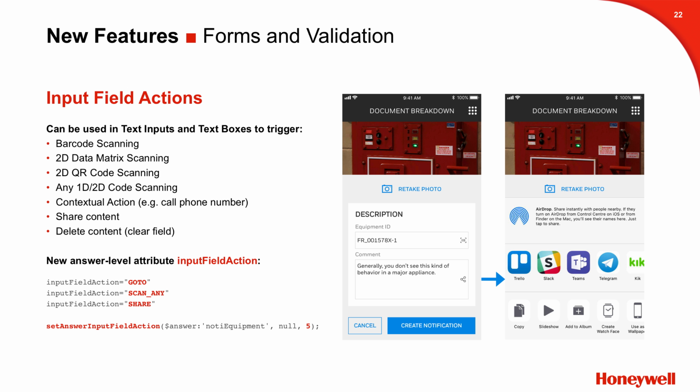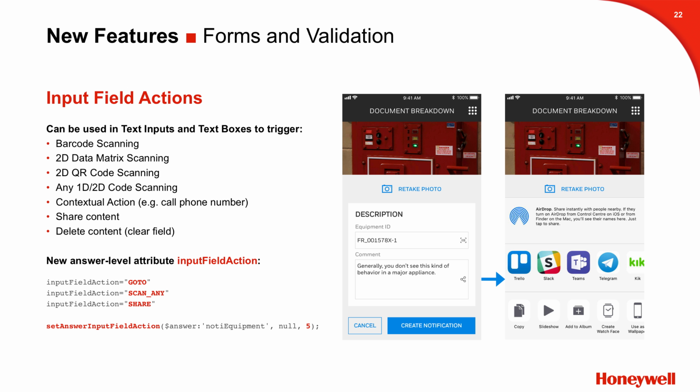For the comment box, we chose the share content action, which just allows the user to share the content in the box using the native OS UI. In this case, iOS would bring up the overlay that you see on the right and will allow your users to share that text to their apps like they used to.